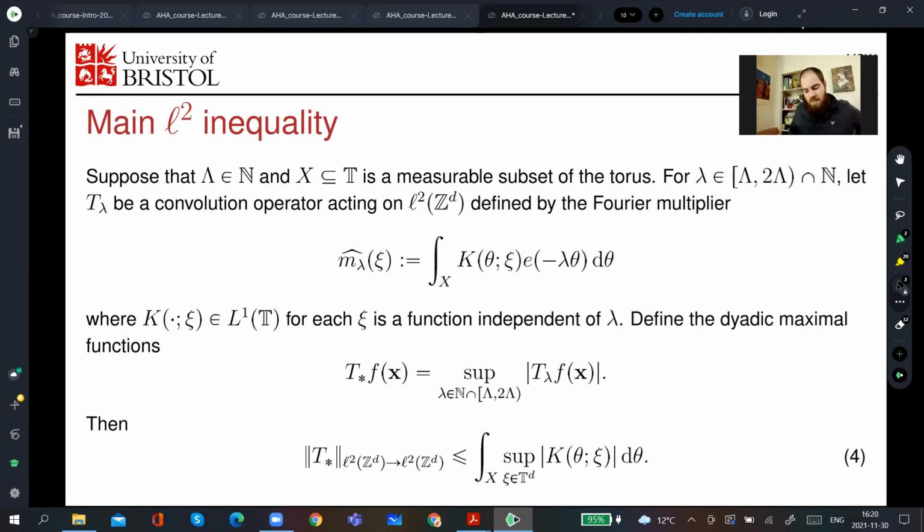We had some exponential sum that depended on two parameters, on c, which is going to be a point in T^d that we've been looking at, and we have it being integrated against some modular factor, e to the minus 2 pi lambda theta, and we average over theta. If these are defining your multipliers on the Fourier side, then for the convolution operator, the L2 bound is just bounded by this expression right here at the bottom.